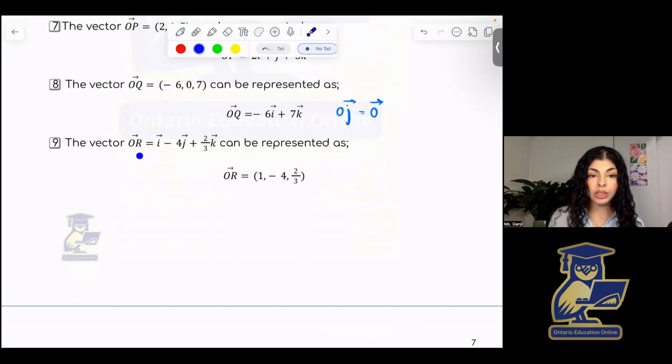So here, we're given the vector using unit vectors, and we're asked to write it in component form. So this is just 1, -4j is going to give me a y component of -4, and 2/3 k is going to give me 2/3 for the z component. And that would be another representation of my vector.